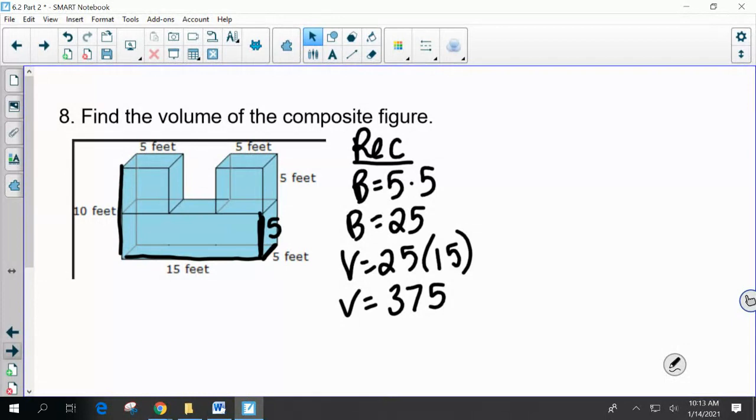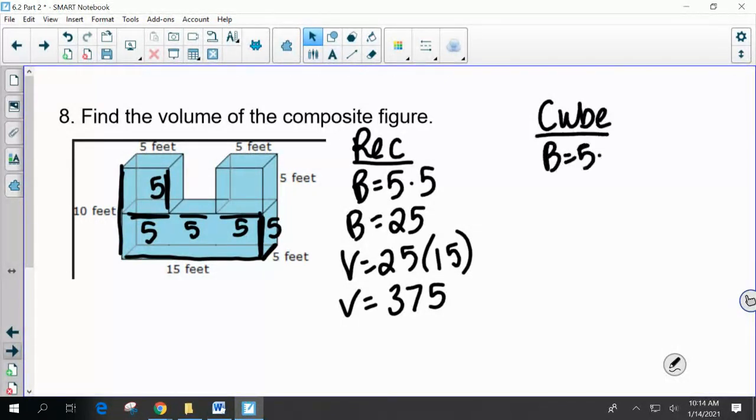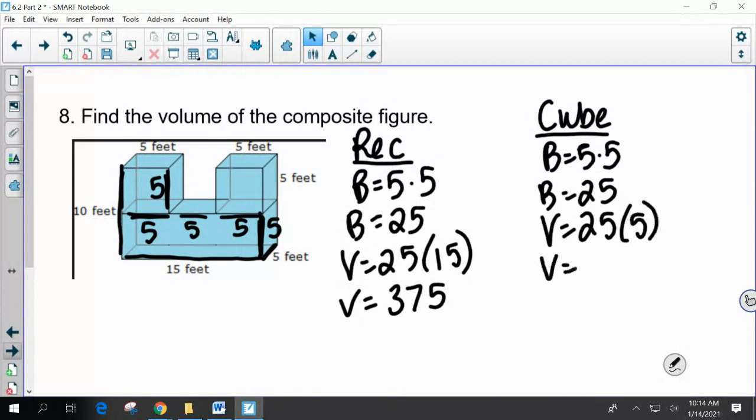Okay, so now look at the cubes on top. So they're 5, 5. What would this little side right here be? 5. What would this be? 5. So this would be 5, 5, and 5 right here. So basically, we have a 5 by 5 by 5 cube. 5 times 5 is 25, times 5, and my volume would be 125.